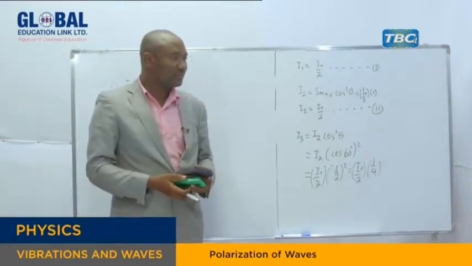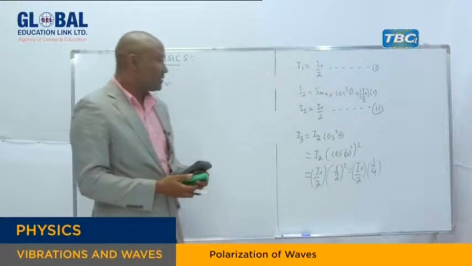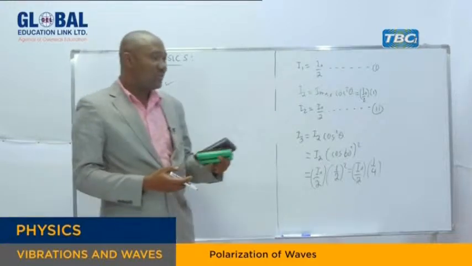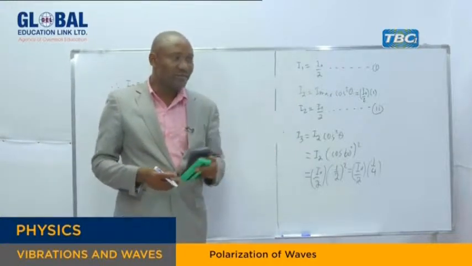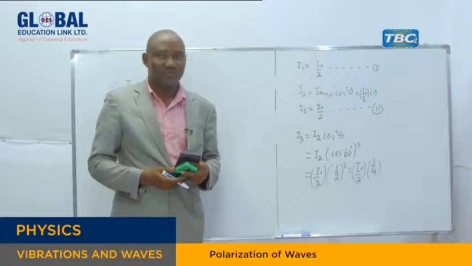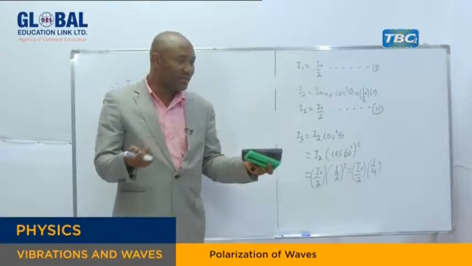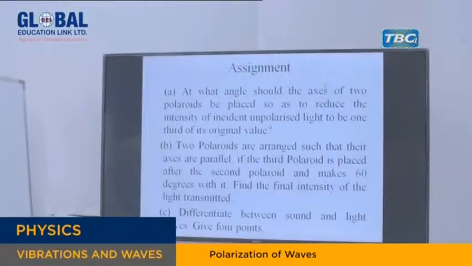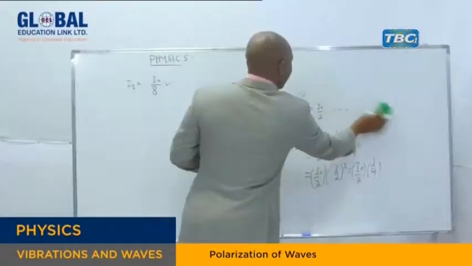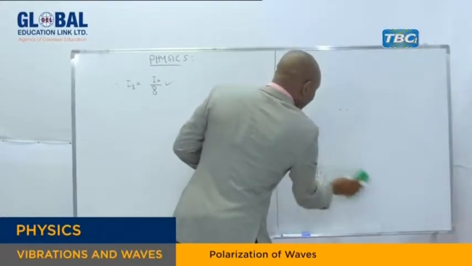Now, part C, you are now in the position of giving the difference between sound and light waves. And the question says differentiate between the two. You're supposed to give 4 points. The difference, basing from our discussion.